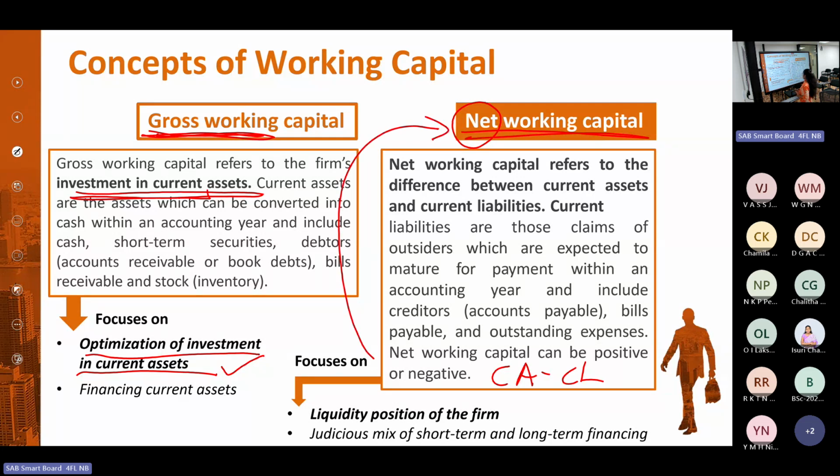Then the company has to consider its liquidity position. Do we have enough cash? Do we have enough short-term assets to cover our short-term obligations and fund requirements? That confirms the overall liquidity position of the entire firm.